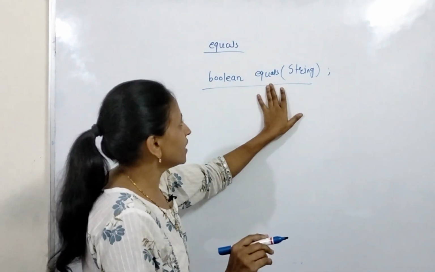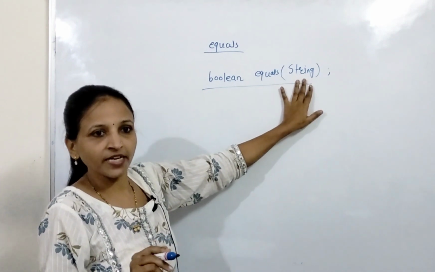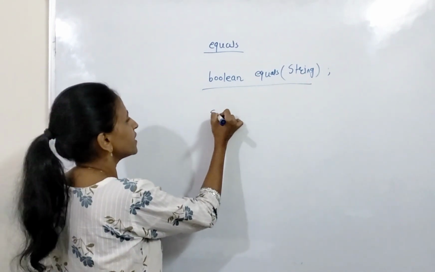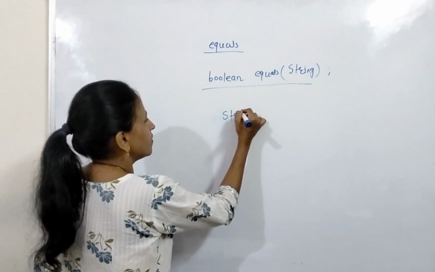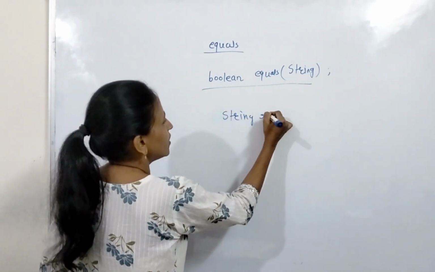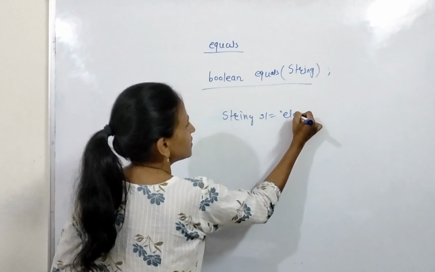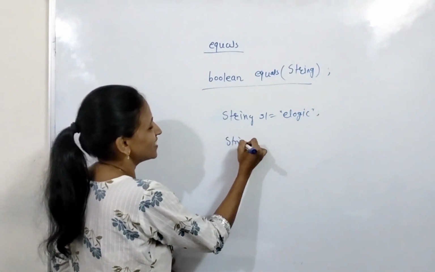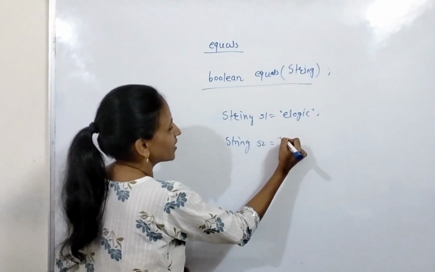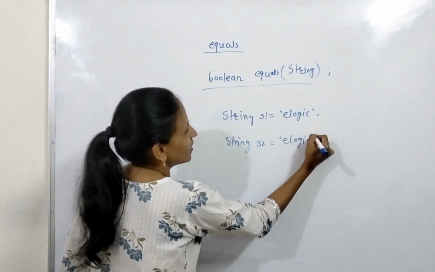Now here we have to pass one string object. Let's create one string, String s1 equal to eLogic, and the same for s2, String s2 equal to eLogic.